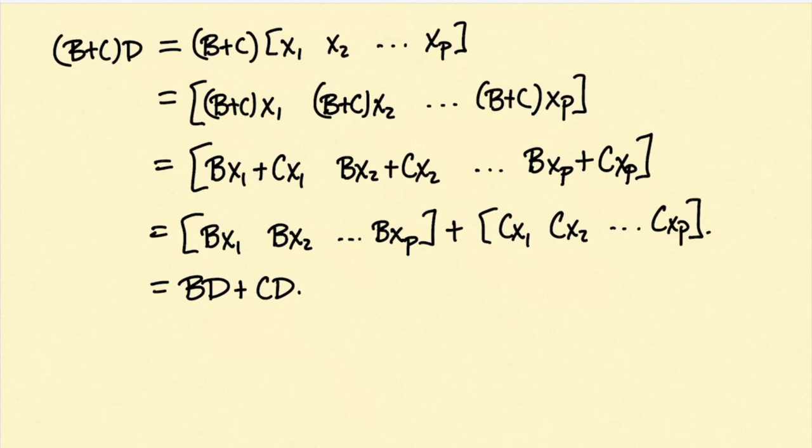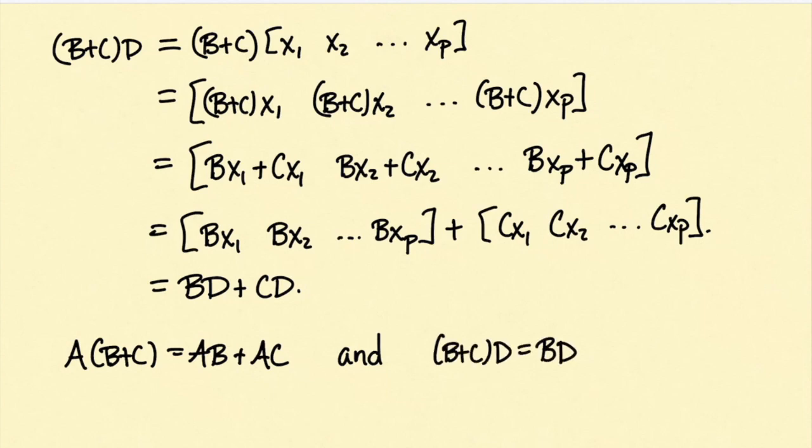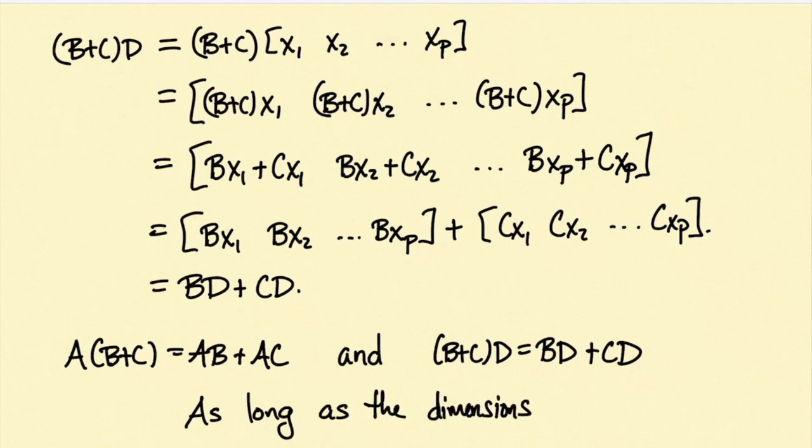That is the two types of distributivity for matrices. So we have A times (B plus C) is equal to AB plus AC. (B plus C) times D is BD plus CD, as long as the dimensions make sense.